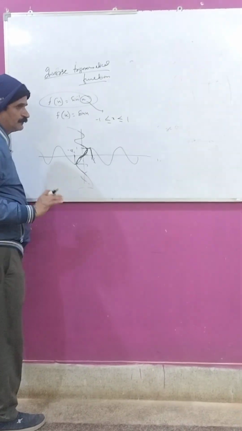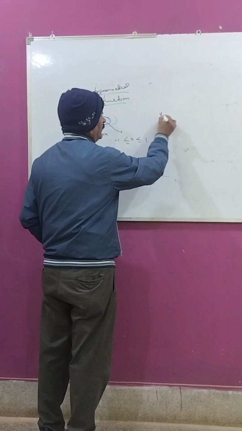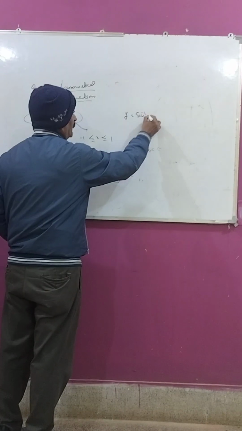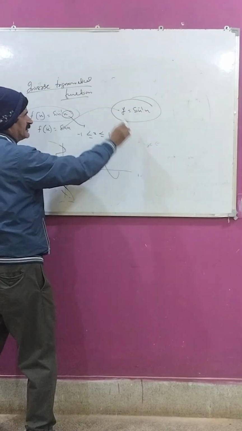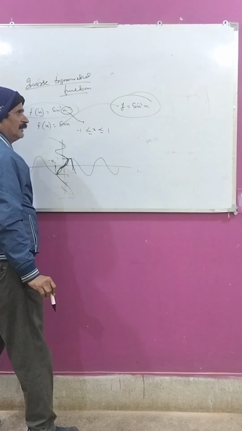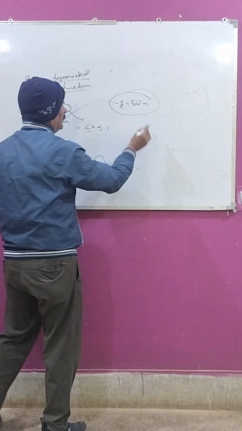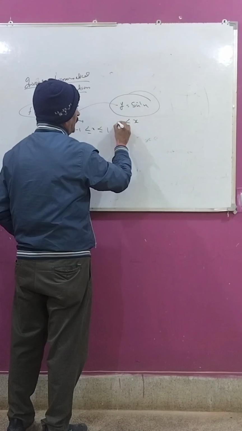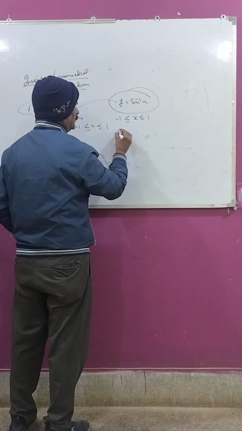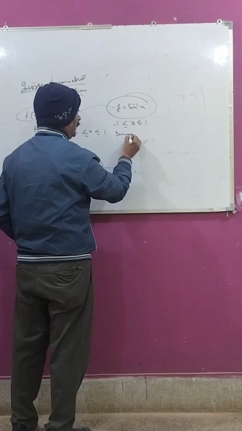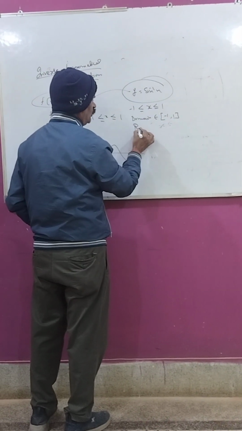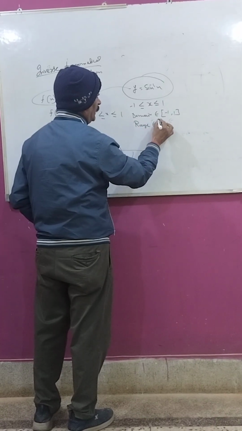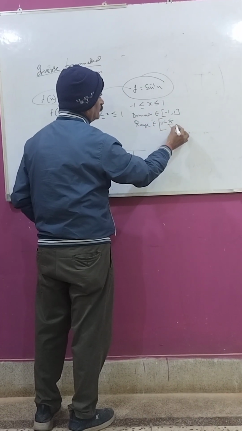Otherwise the inverse is not possible. That is the reason for y equals sin inverse x, the function exists for y equals sin x, its inverse sin inverse x will exist only if the value of x is between -1 and 1. That is its domain, you can say its domain is between -1 and 1, and its range will be -pi by 2 to pi by 2.